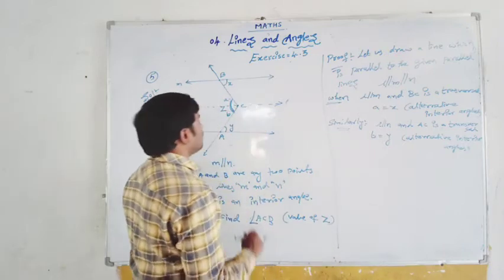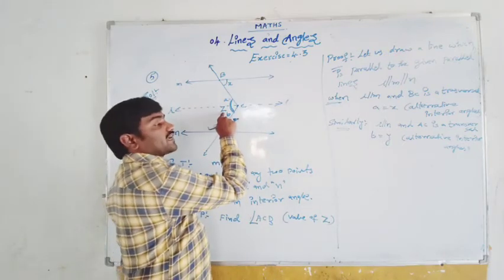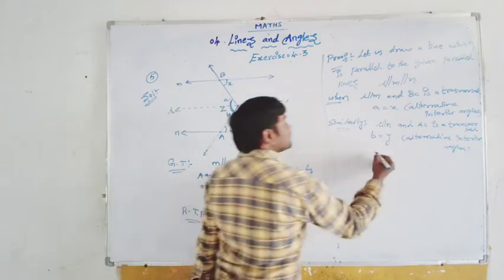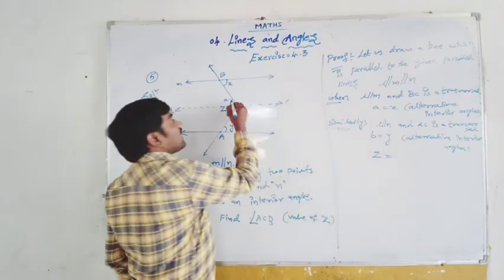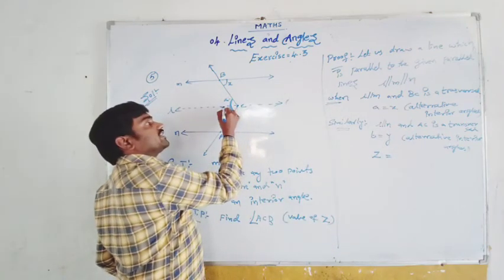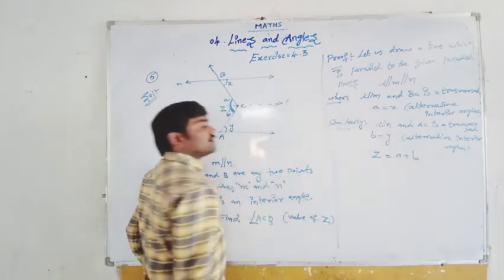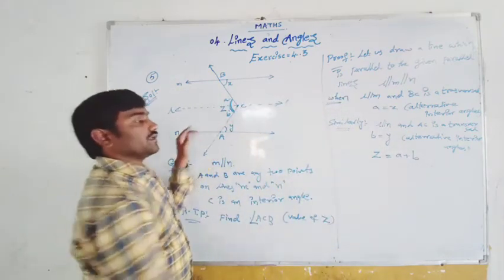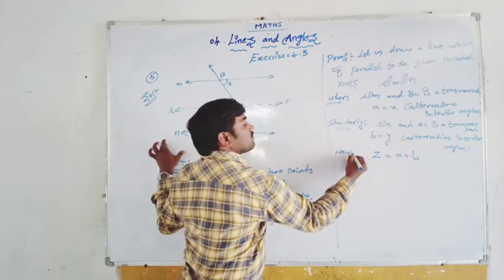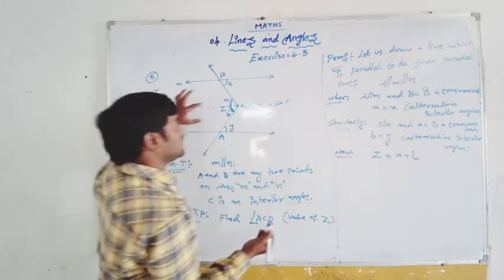So here we got it. Now Z is nothing but the angle of A and B. Z equals angle A plus B. The sum of angles A and B is nothing but Z.